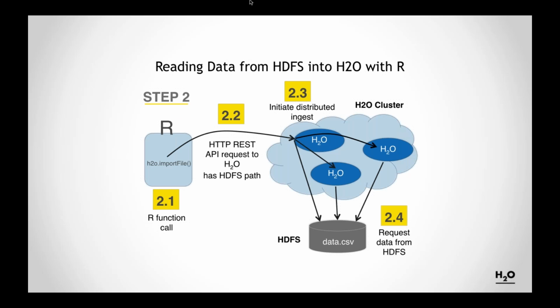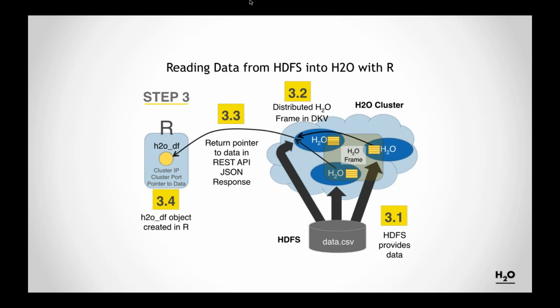This R function call is carried over the HTTP network via the REST API to one of the H2O nodes it's connected to. The H2O node will parse that as a command to import data from HDFS with the path you've supplied, and it will tell all the other nodes on the H2O cluster to do the same. All the nodes simultaneously hit HDFS to request the same piece of data.